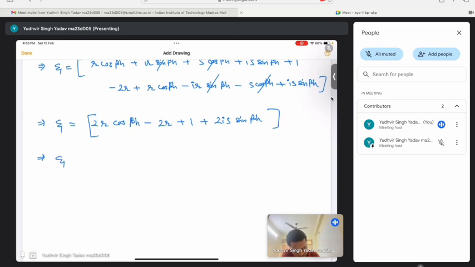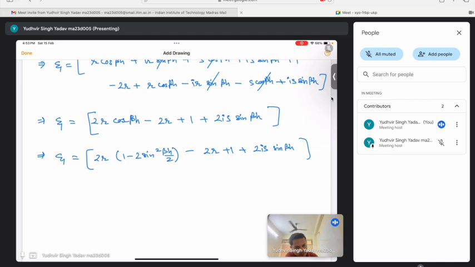Simplifying further, ξ comes out to be 2r(1 − 2 sin²(βh/2)) minus 2r plus 1 plus 2i s sin βh. Here we have changed from cos to sine, using the formula cos 2θ, which is nothing but 1 minus 2 sin²θ.